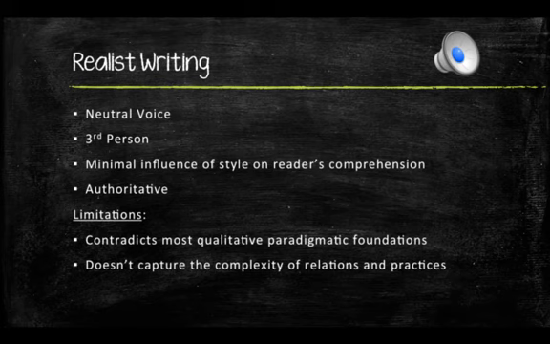Sparks calls this the style of no style, in that technically if you read a journal article written in the realist tradition, you won't be able to differentiate between one author and another author, because the standardization of the way in which things are written up is so inherent that there is nothing to differentiate between authors when you're reading them.